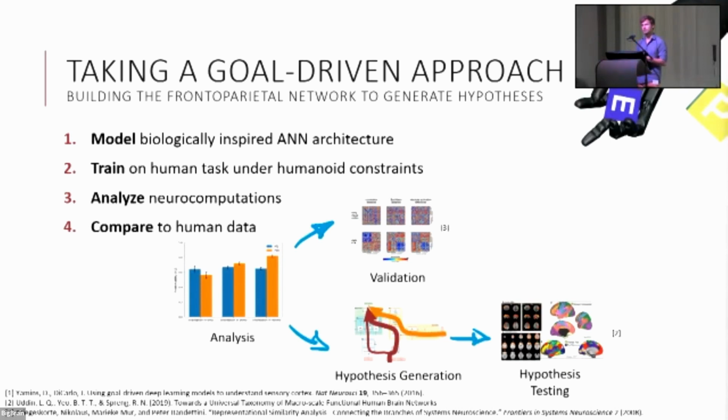If that's true, we can then go further with an analysis of these models that is easier than actually looking at the brain, and afterwards compare this analysis to human data to both validate and generate new hypotheses that will, in the end, hopefully lead to a better understanding of whatever system we are trying to explore. One important thing I want to note is that in this approach only the model is biologically inspired. It doesn't matter for our premise whether the training is also biologically inspired, and we are definitely not training in any biologically inspired way.